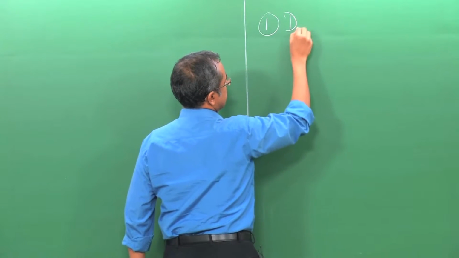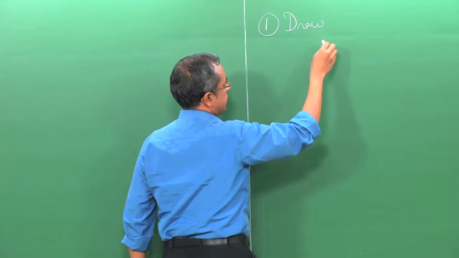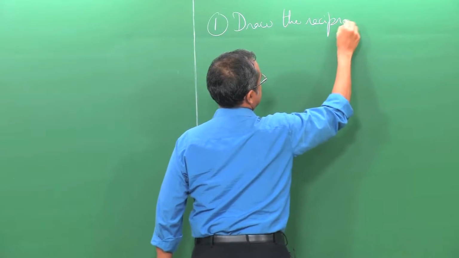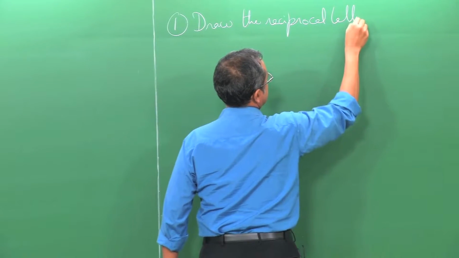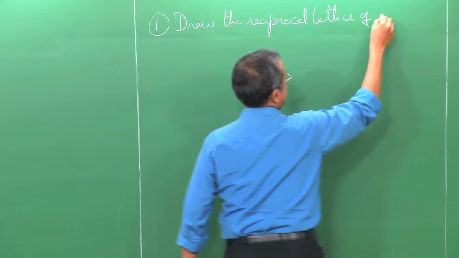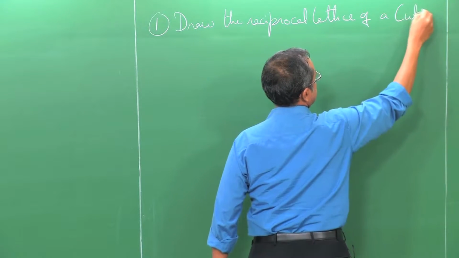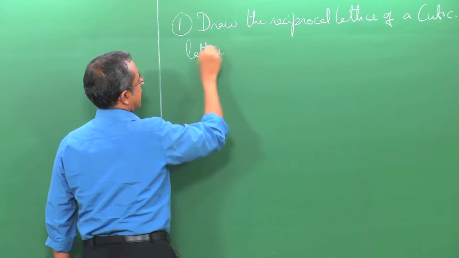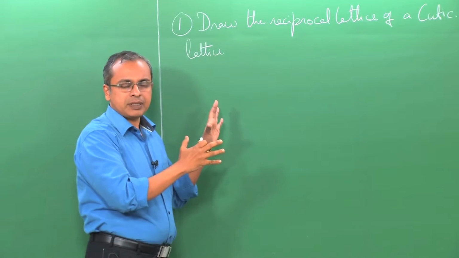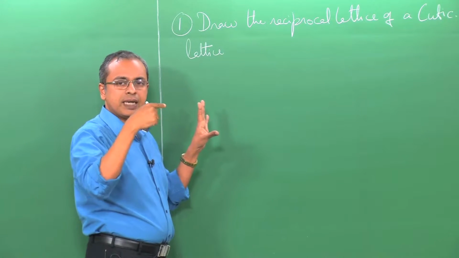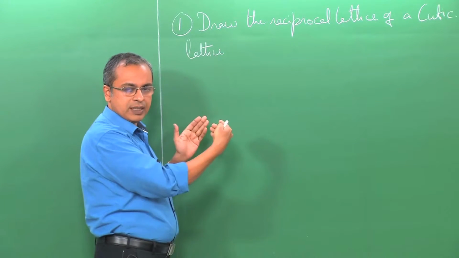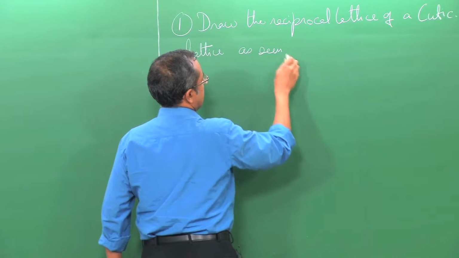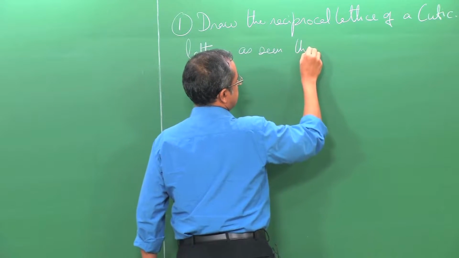We would like to draw the reciprocal lattice of a cubic cell, of a cubic lattice, and we will use a 2-dimensional representation of it, meaning actually it is 3-dimensional, but we are looking at it from the A3 direction, and therefore, you only see the A1 and A2 axis, as seen through the A3 axis.